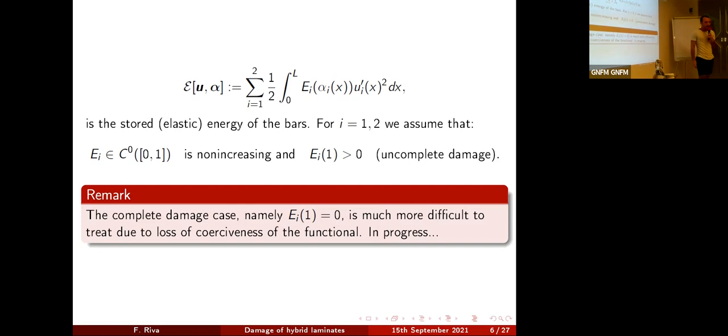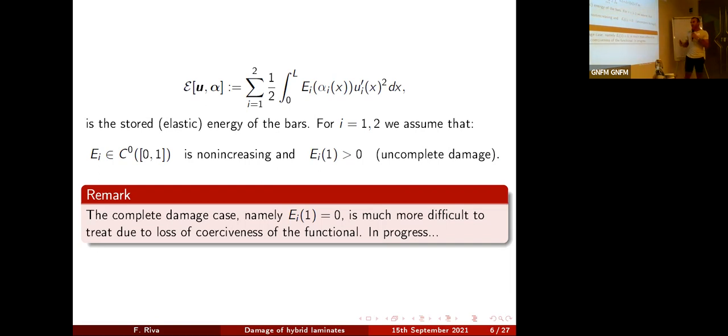This means that we are restricting ourselves to the so-called incomplete damage setting, namely that even if the damage variable reaches the value 1, the maximum value, still the material possesses a small elastic yield.